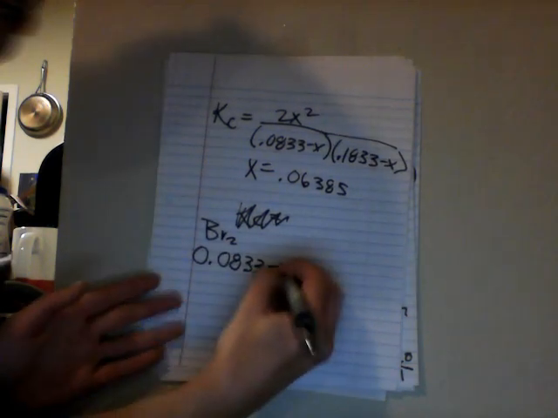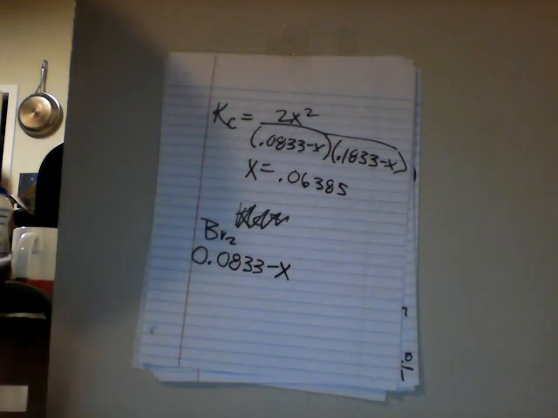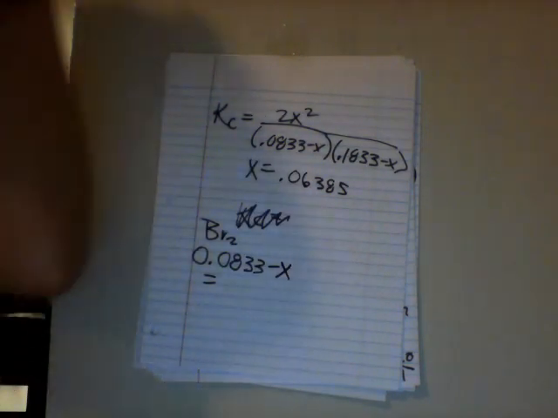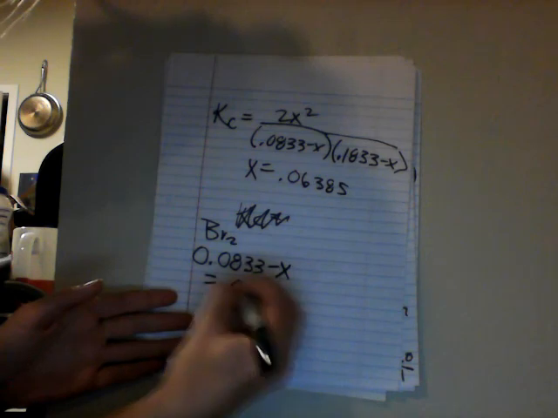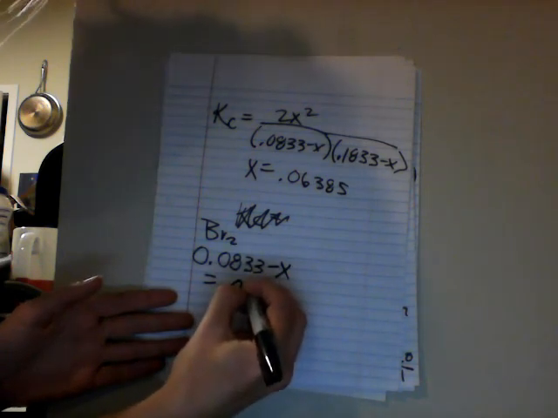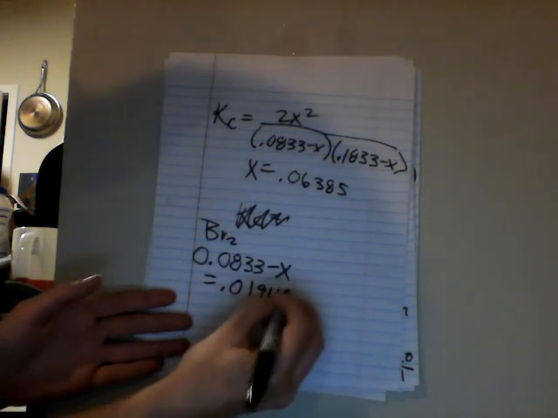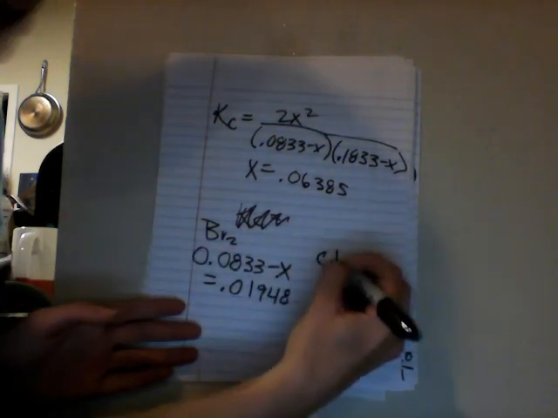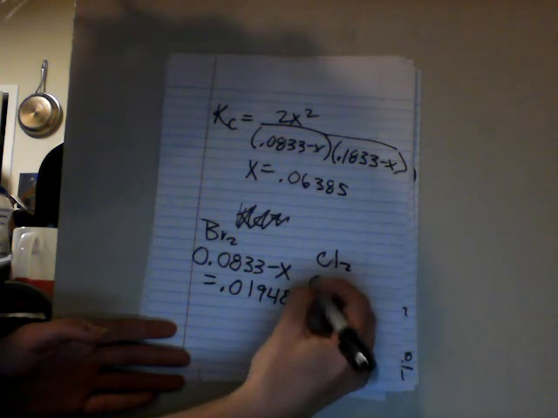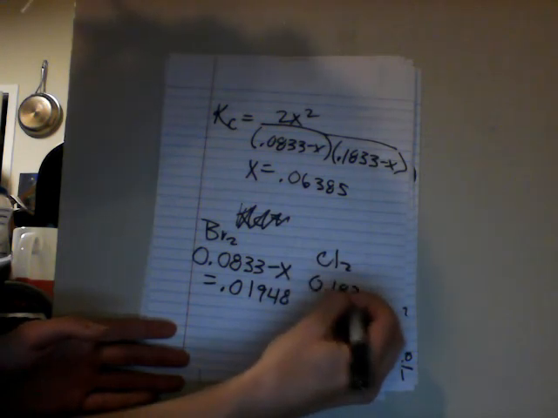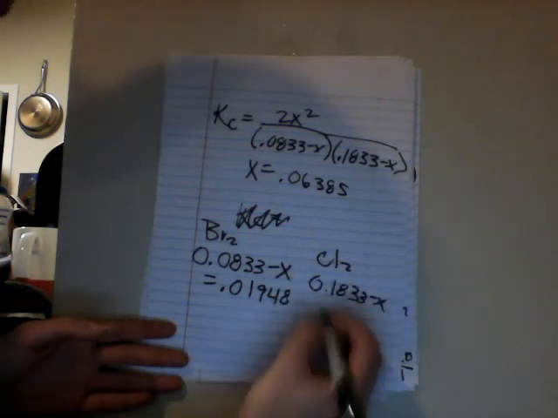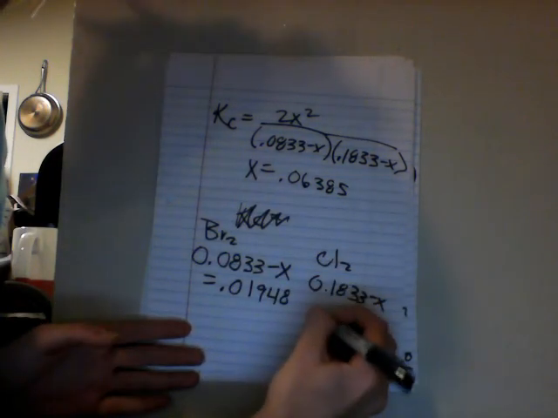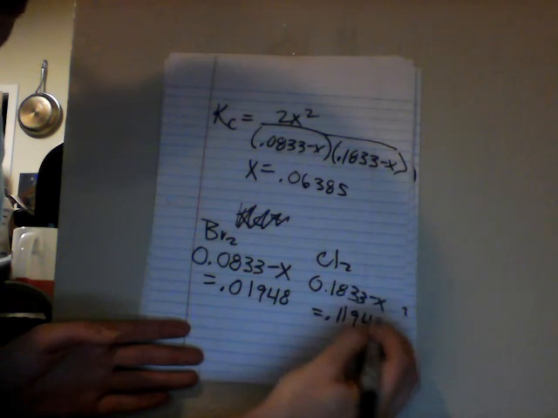So for Br2, once I plug in that value right there, my answer is 0.01948. And then when we do Cl2, we just take the equilibrium column that we created, and once we plug in that value, it is 0.11945.